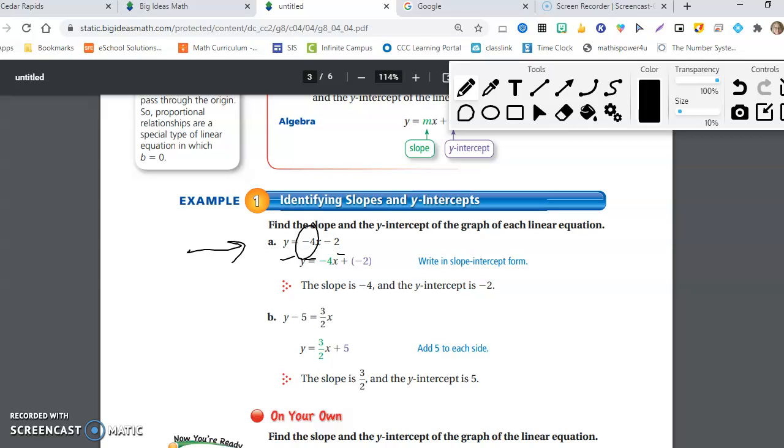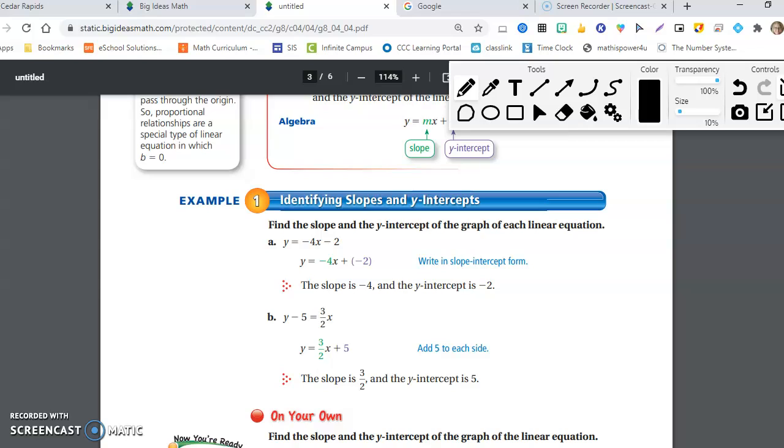In this case, it's -4. That is your slope. And whatever you're adding or subtracting from x, that is your y-intercept. So your y-intercept is -2. The slope is -4. The y-intercept is -2. So you don't even have to do any work. It's just to know where to look to find it.